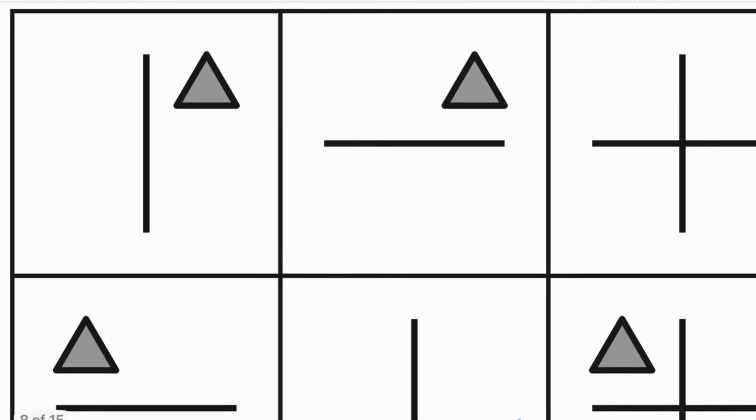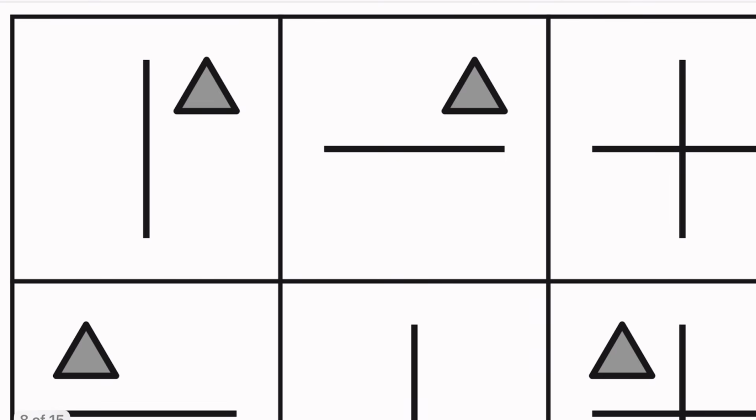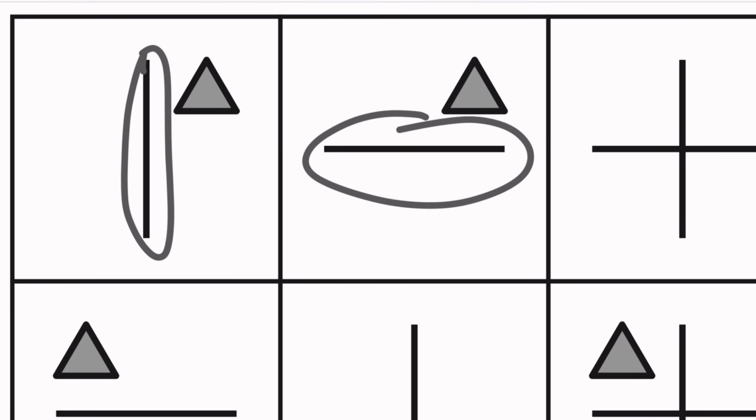So based on our rule, it should disappear in this box. And yes, it's missing. It should have been here. So that means if you have a shape in the same position in two boxes like here, they'll be eliminated, okay? And the rest will just be put on top of each other, like shown here. This line here is added together with this line and becomes a cross, okay?